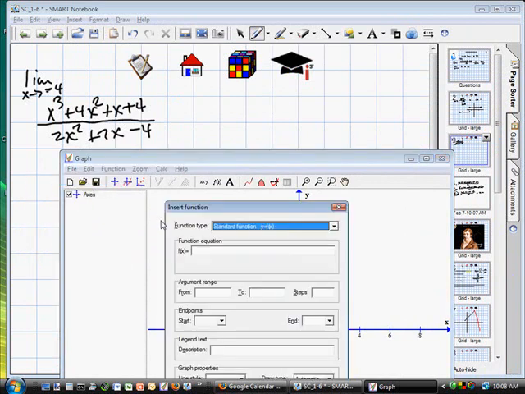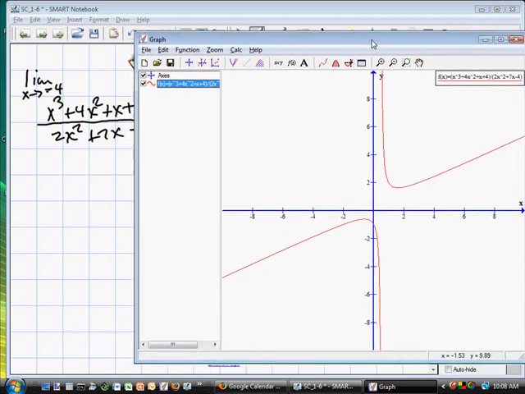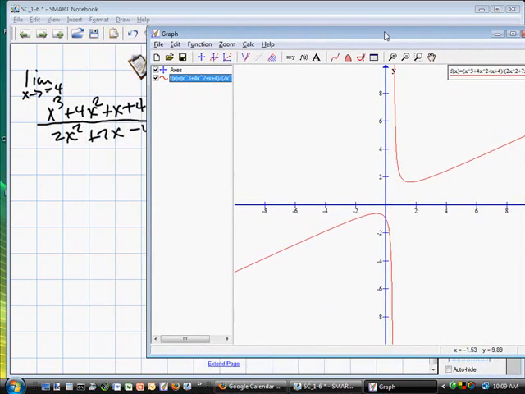So we've got numerator x cubed plus 4x squared plus x plus 4 close parentheses divided by denominator 2x squared plus 7x minus 4. So we have something that looks like this.